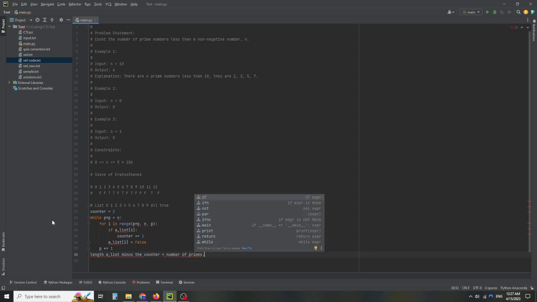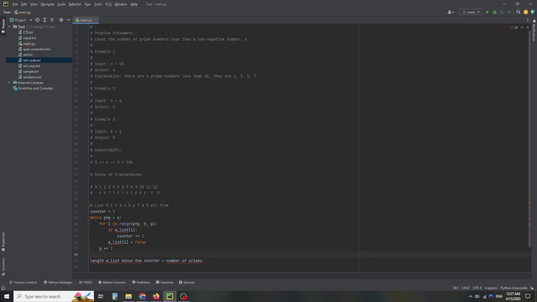Initially, after I had my list of trues and falses, I did use a for loop to count, until I realized, wait, I could just subtract instead of using a whole method of counting every single true.